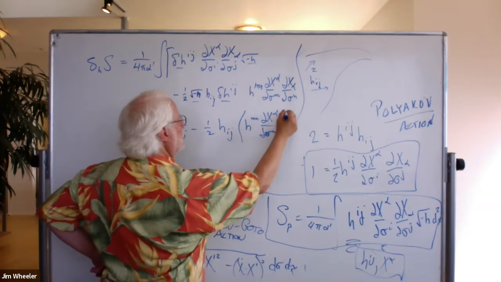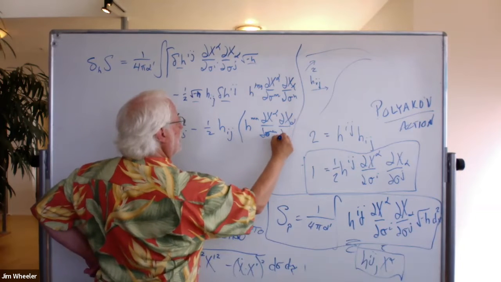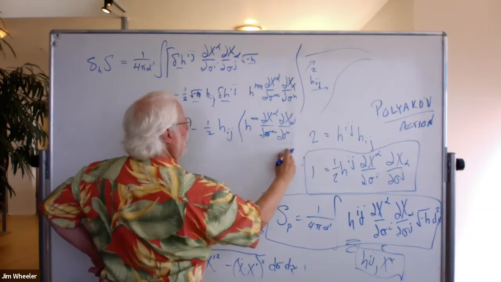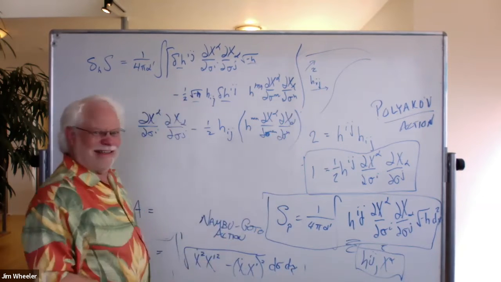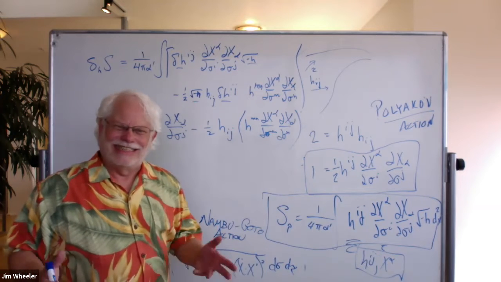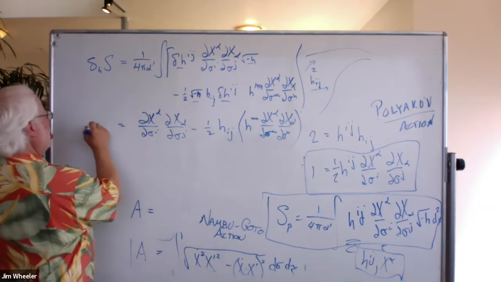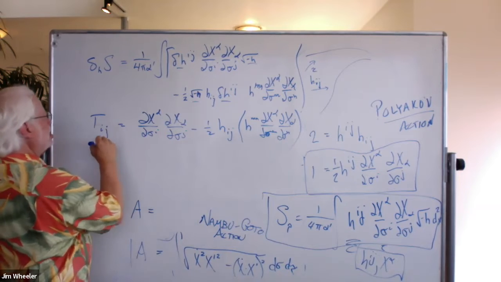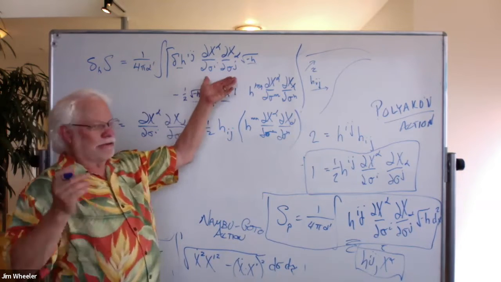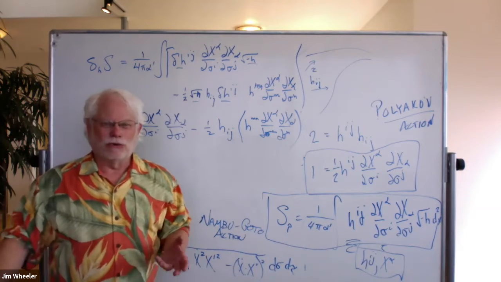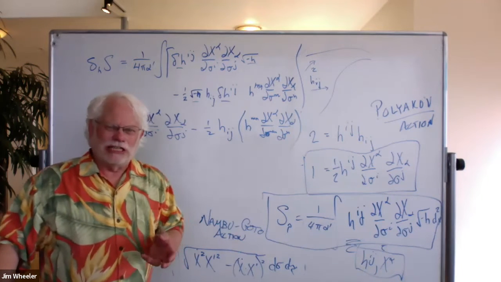This is all two-dimensional. A lot of string theory stuff is very easy because it's two-dimensional. Anyway, this is called the stress energy tensor. The variation of the action with respect to the metric in generalized coordinates gives you the energy tensor.